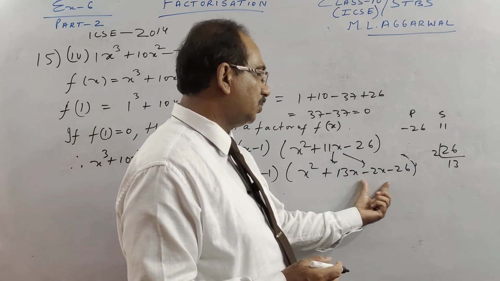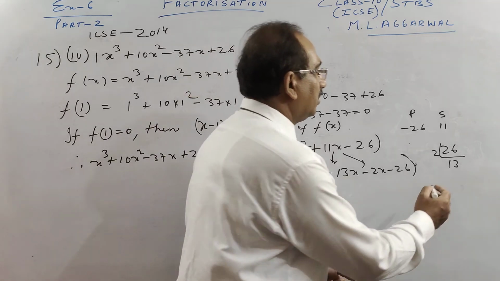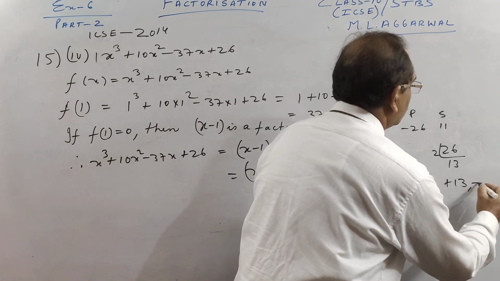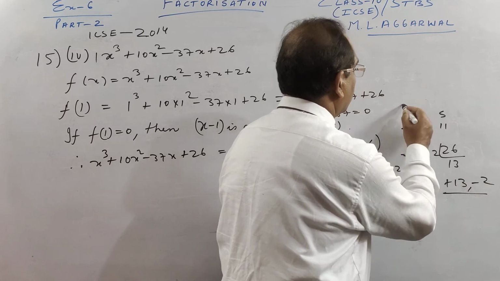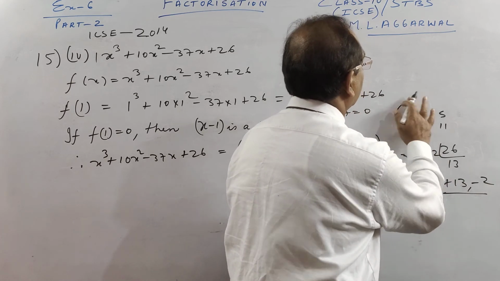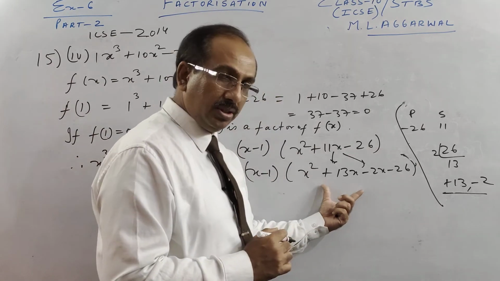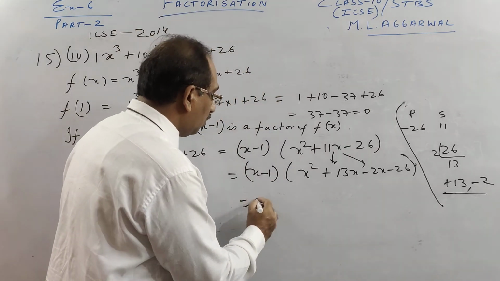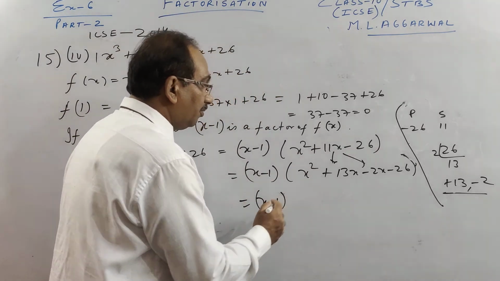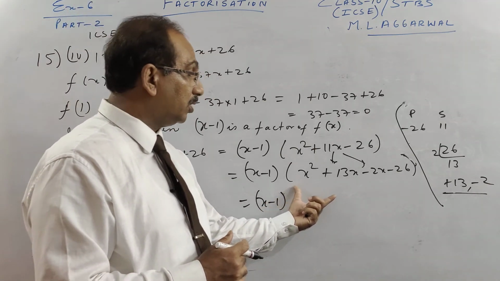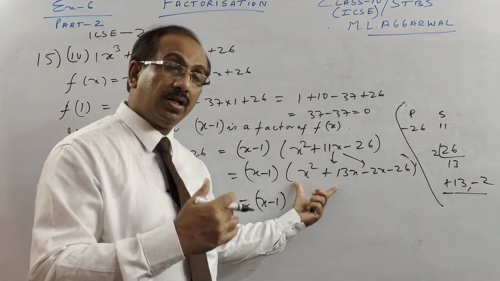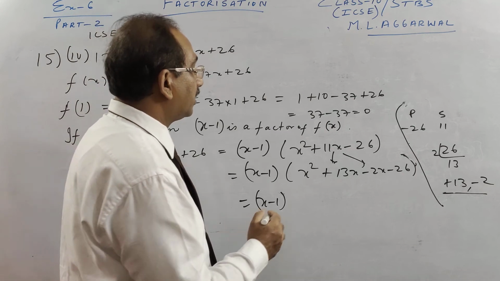Plus 13 minus 2: these two numbers, if you take the product you will get minus 26, and when you add them you will get 11x. So you need to know this properly. We are not going to do it in class 10, because you have done this factorization nicely in class 9.